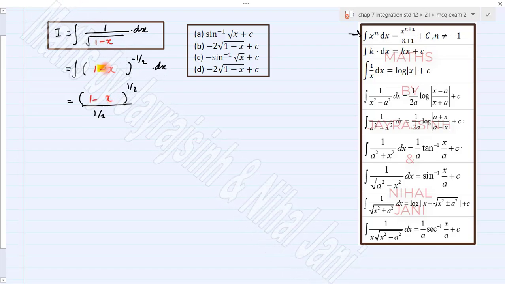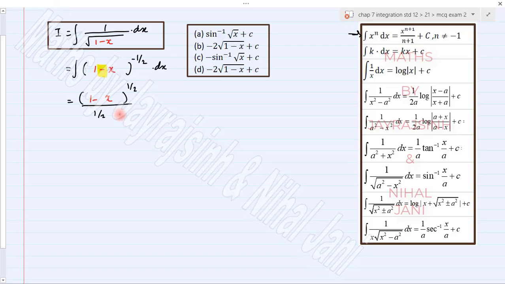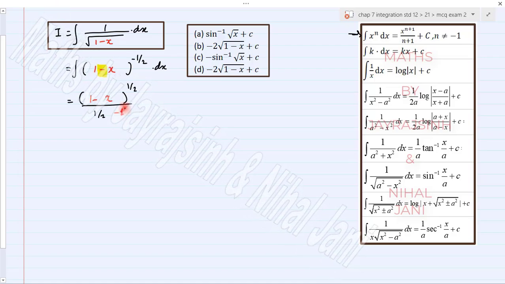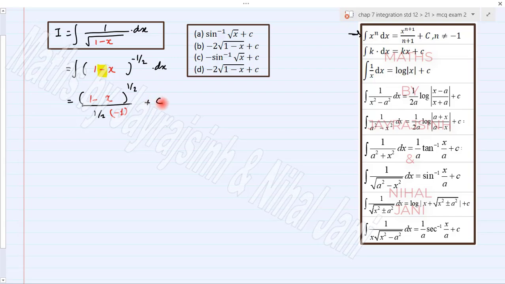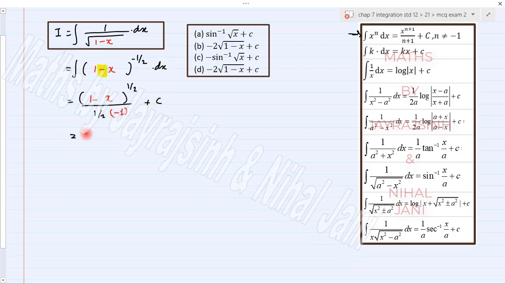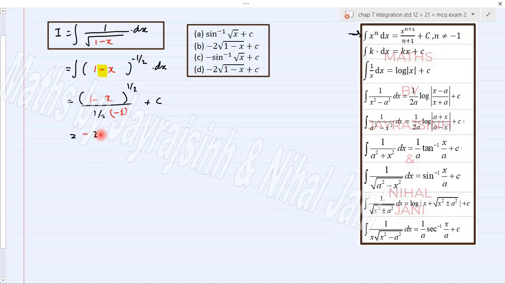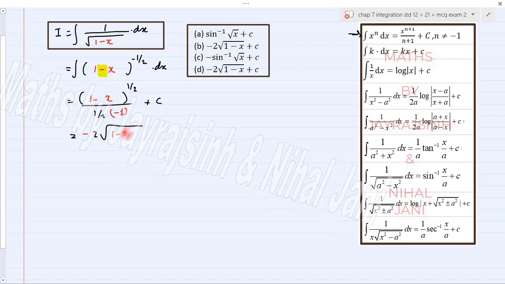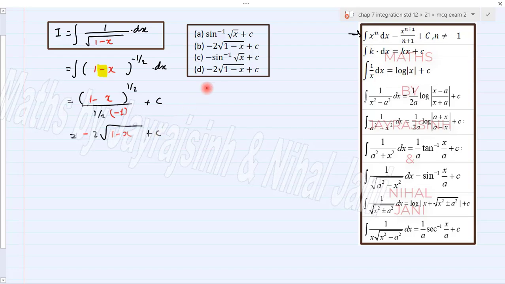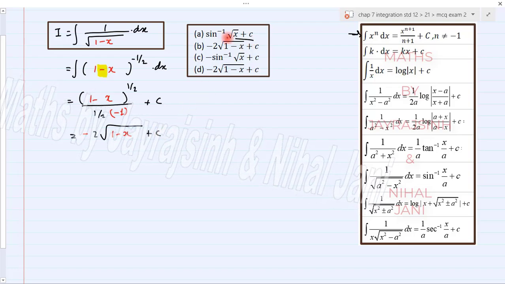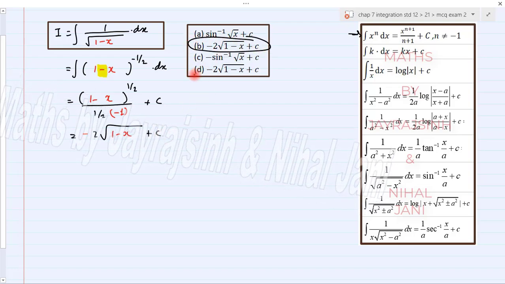So we have to divide by the coefficient of x, which is minus 1, plus c. So we can simplify this as minus 2 under root of 1 minus x plus c, which is given in option B. Ta-da!